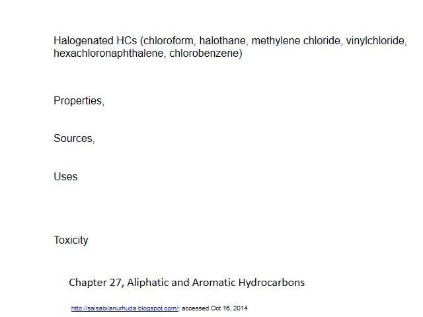Its acute toxicities are generally low, ranging from mild anesthetic action to sleepiness to dizziness, and it is known to be an animal carcinogen.